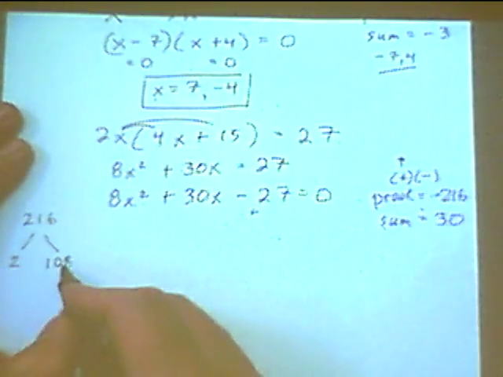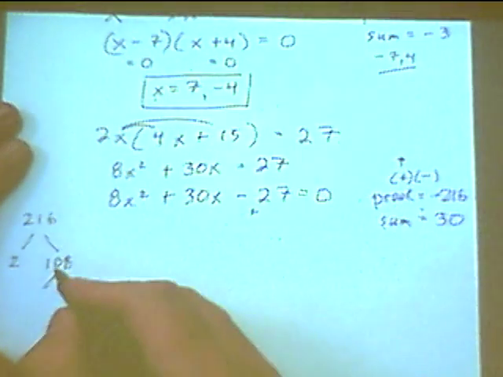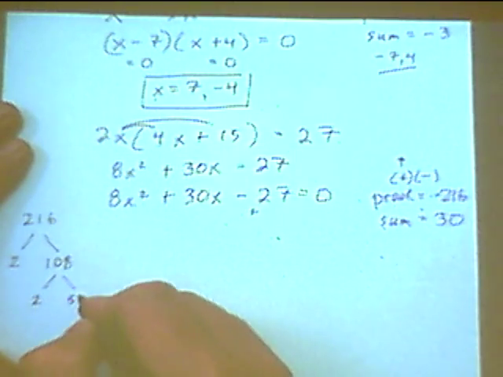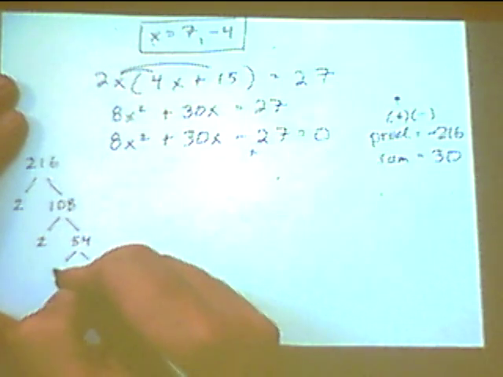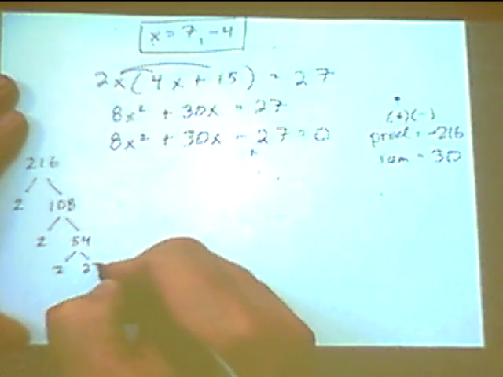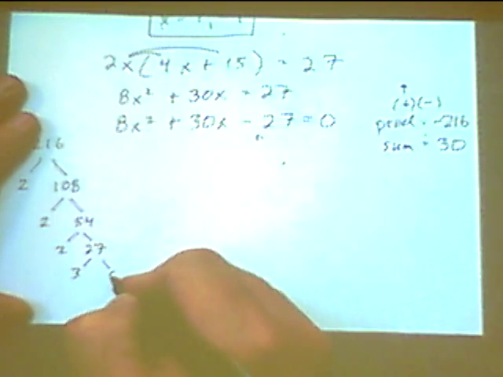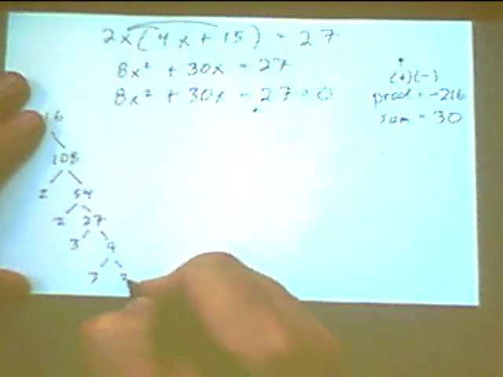And what I do now is I keep breaking up these numbers until I can't split them up anymore. For instance, 108 is 2 times 54. And then 54 is 2 times 27. 27 is 3 times 9. And 9 is 3 times 3.